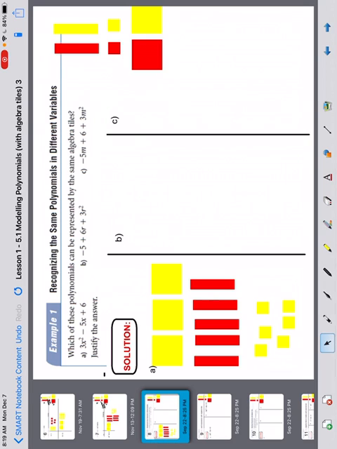Next example, −5 + 6r + 3r². We're starting with a constant term, it's negative. Plus 6r, that's positive. And plus 3r².